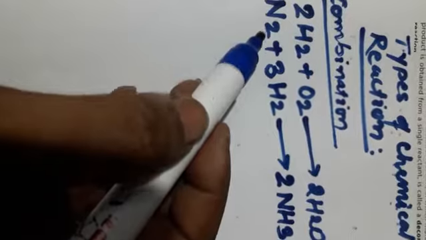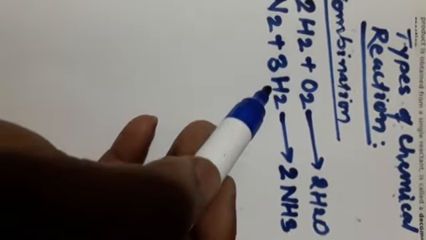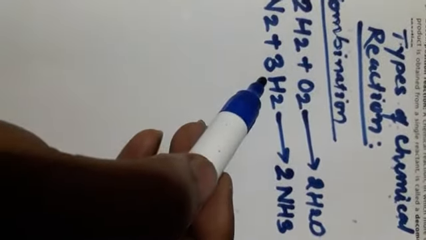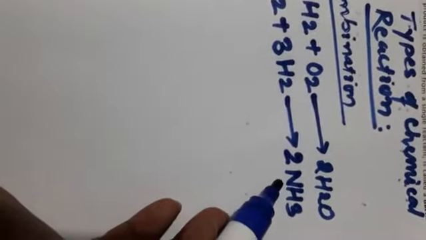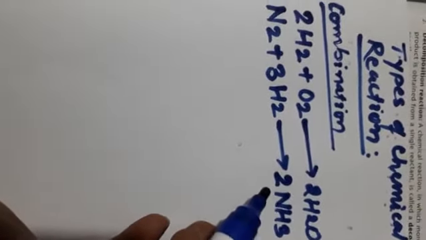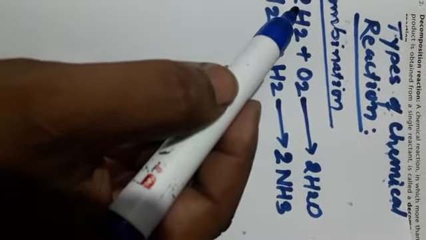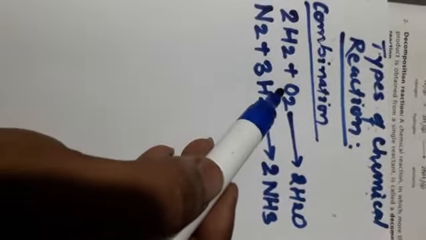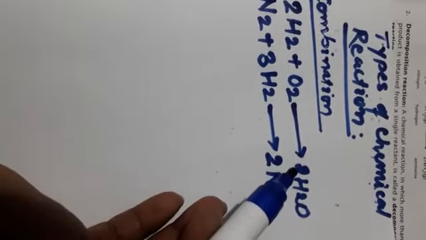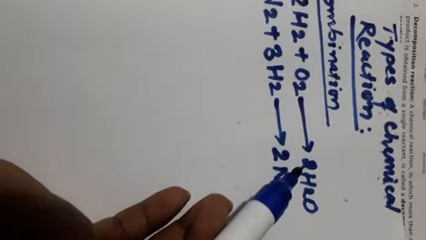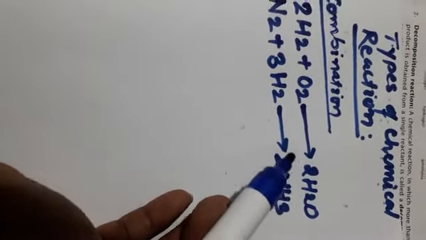These two reactants combine together and form ammonia. So this is the combination reaction. Again, a chemical reaction in which two or more substances combine together and form a new substance as a product is called the combination reaction.